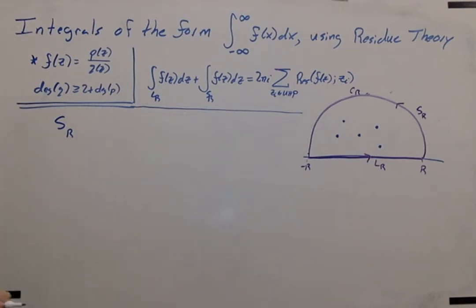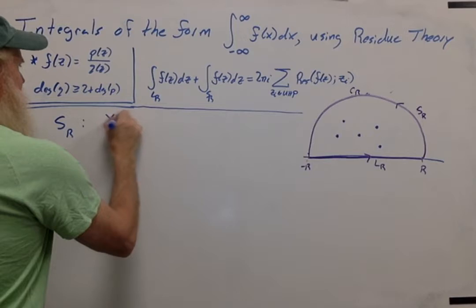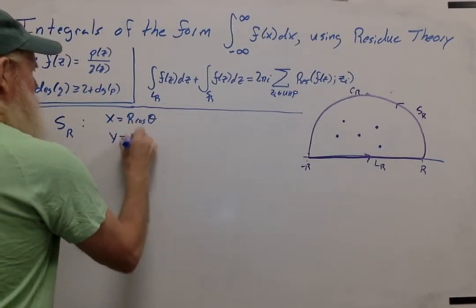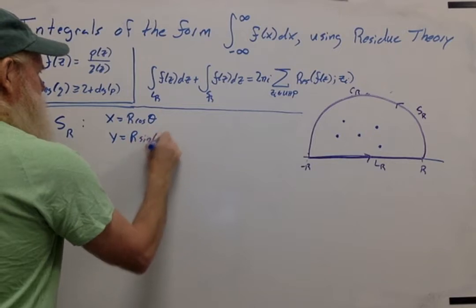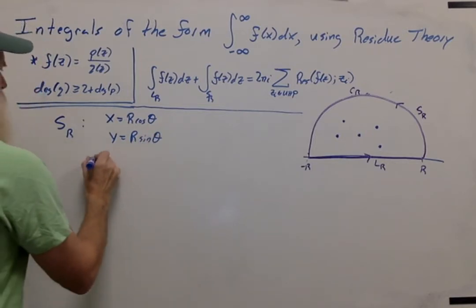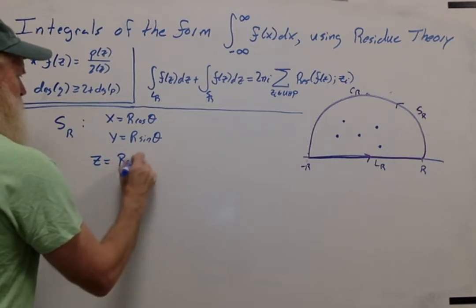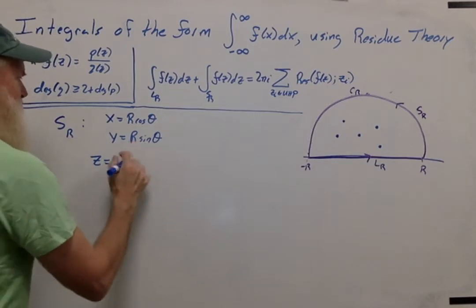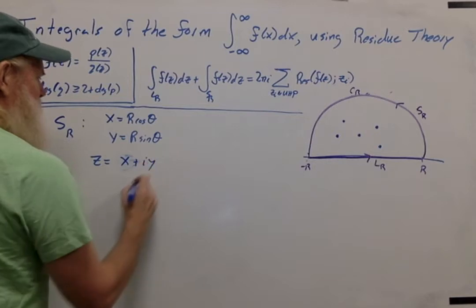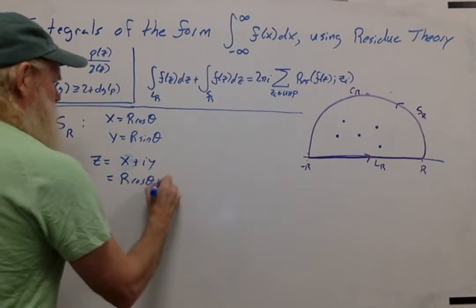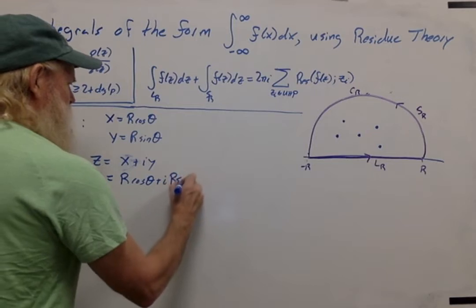The way that we can parameterize a circle of radius r is we can let x equal r cosine theta and y equal r sine theta. So writing this in terms of z's, well, let me just remind you, z is x plus i times y. So that will be r cosine theta plus i times r sine theta.